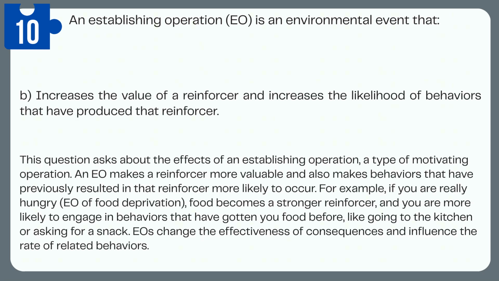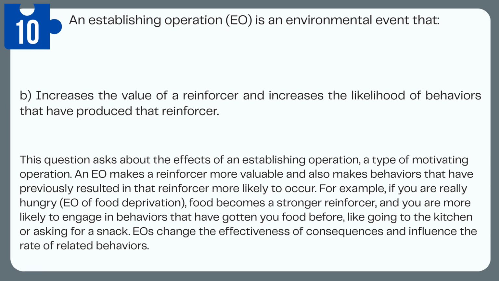Answer. B. Increases the value of a reinforcer and increases the likelihood of behaviors that have produced that reinforcer. This question asks about the effects of an establishing operation, a type of motivating operation. An EO makes a reinforcer more valuable and also makes behaviors that have previously resulted in that reinforcer more likely to occur.